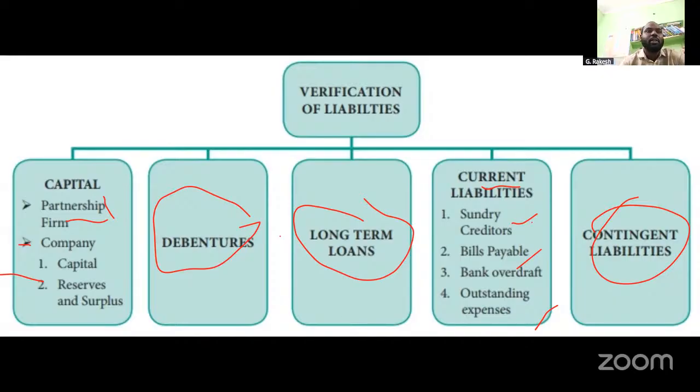So these contingent liabilities are also verified by the auditor. So verification of liabilities is nothing but capital, debentures, long-term loans, current liabilities, and contingent liabilities.